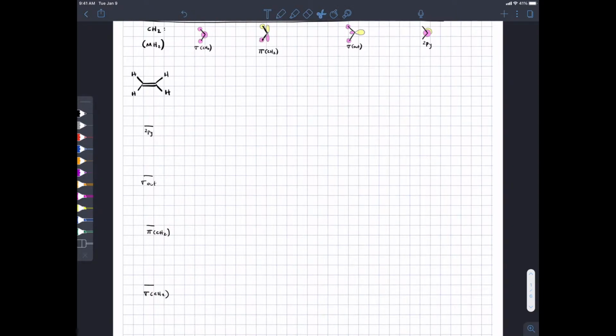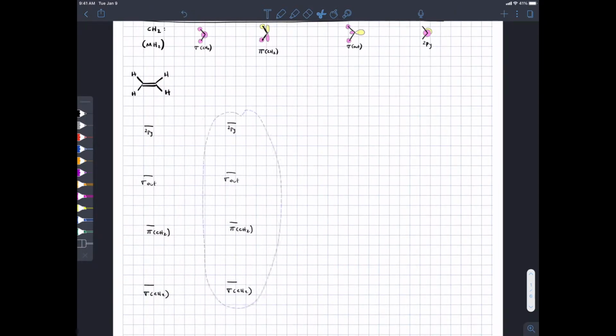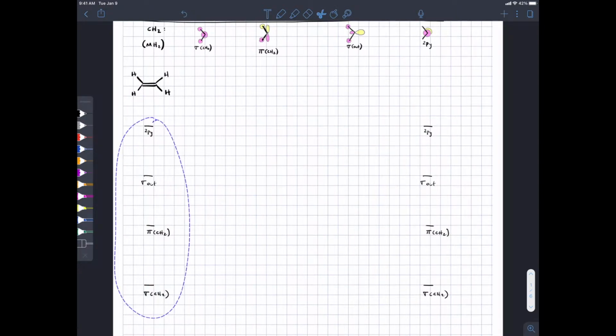Of course, we're going to combine two bent CH2s together to get new molecular orbitals out. So let's just put these group orbitals here.